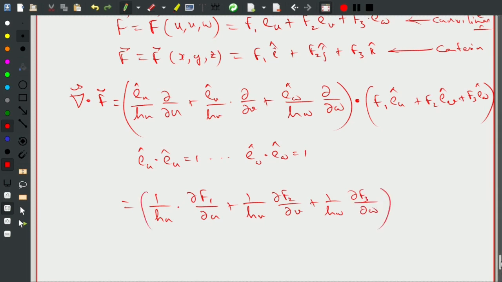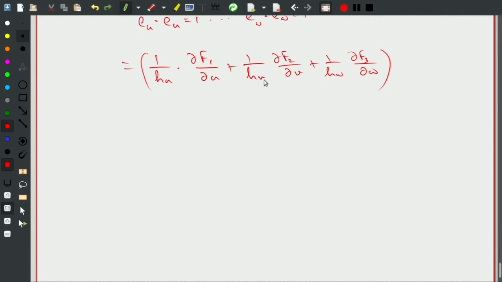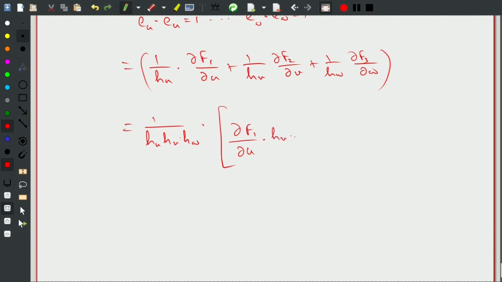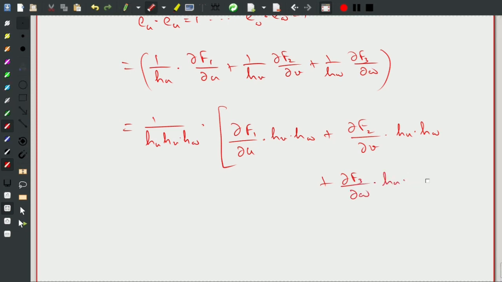Further we can simplify this by taking hu, hv, hw as common, and we can write 1 by hu hv hw into dou f1 divided by dou u into hv hw, plus dou f2 divided by dou v into hu hw, plus dou f3 divided by dou w into hu hv.